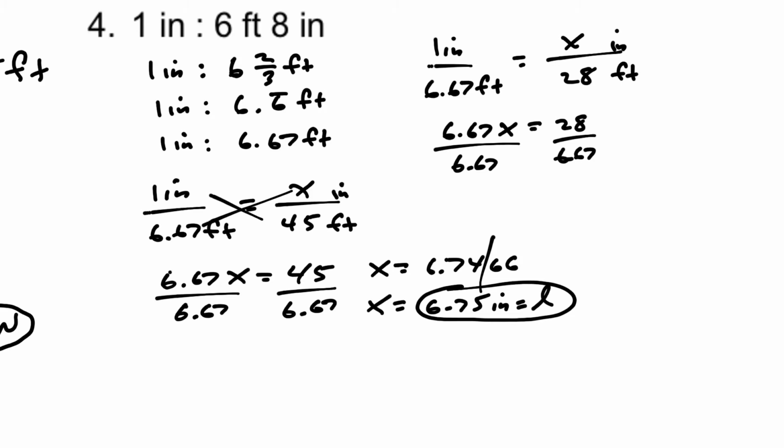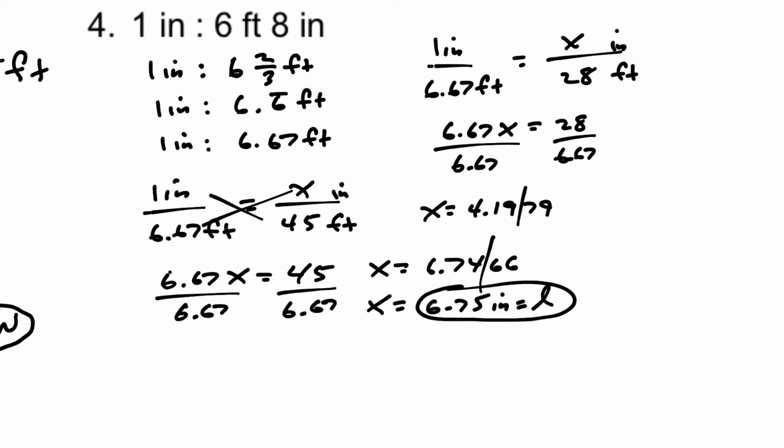And we get X equals 4.1979, which I'm going to round off again to the nearest hundredth right here. Since that number after the 9 is 5 or larger, I'm going to round that up.